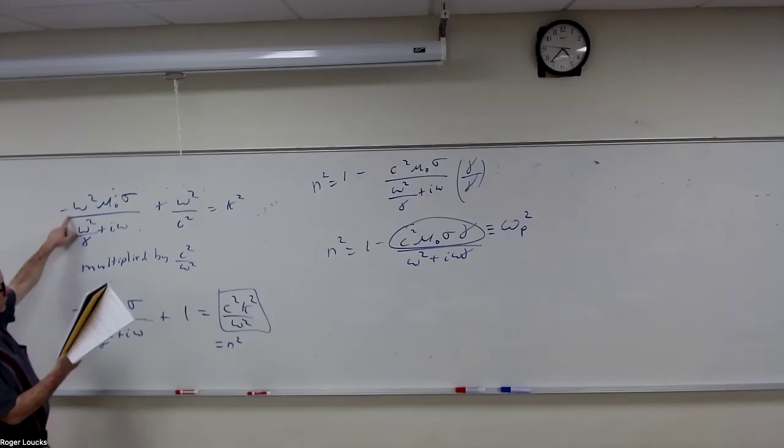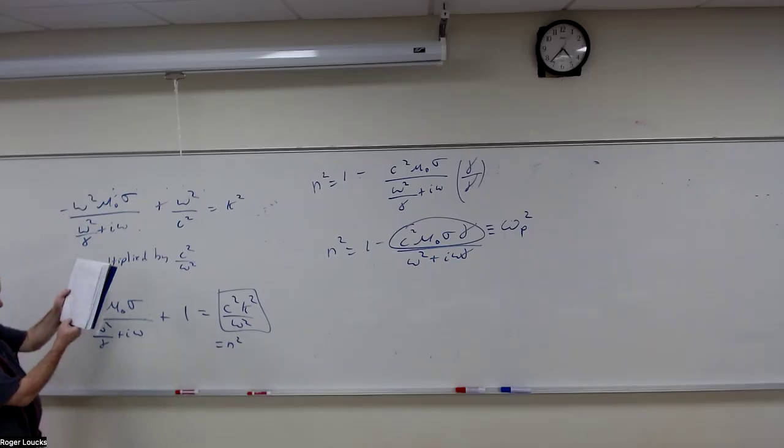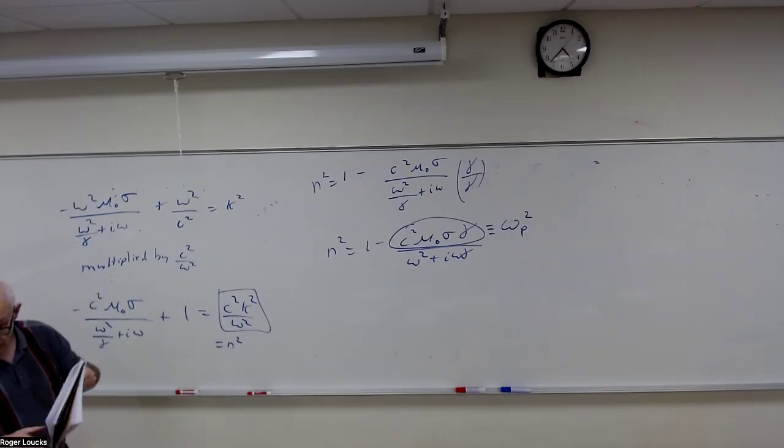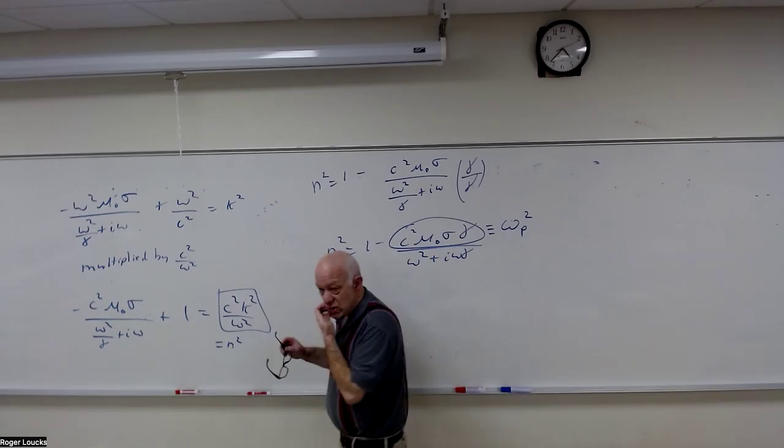And so this actually has a c squared. That's actually wrong from yesterday. That c squared should be on the top. It should be this.